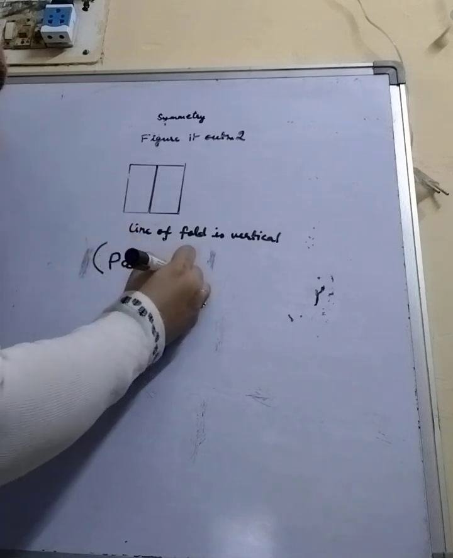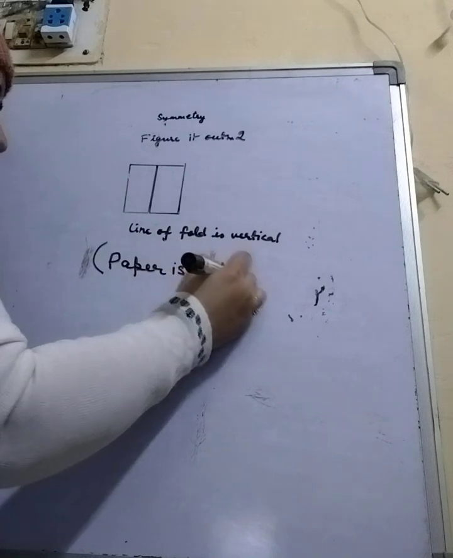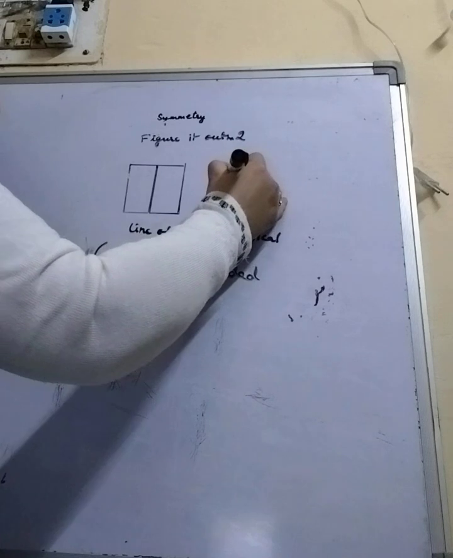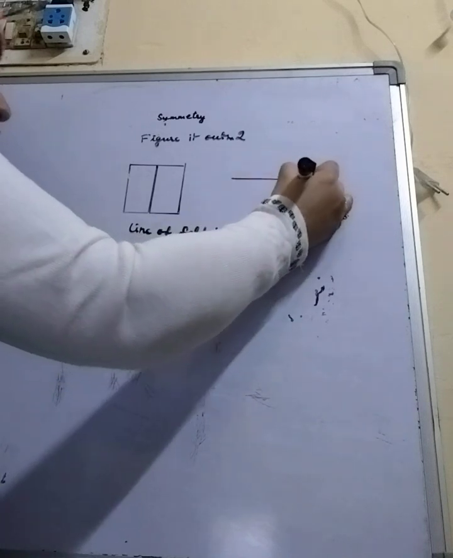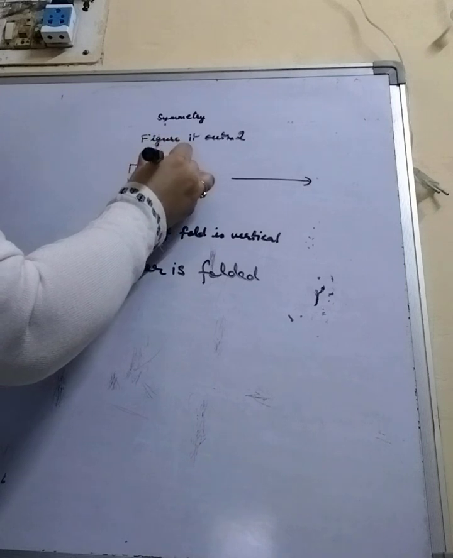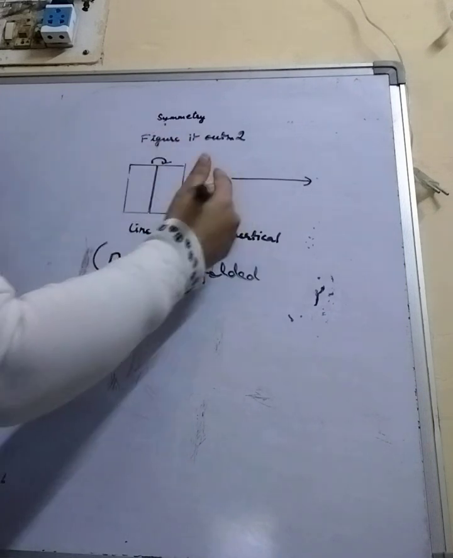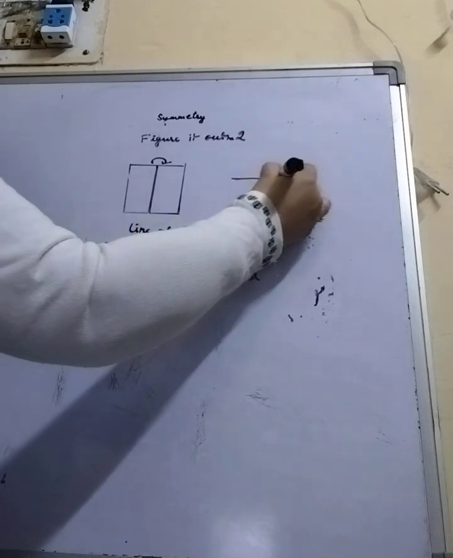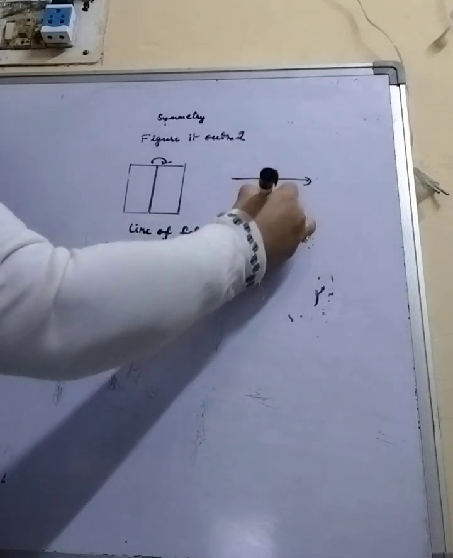However, don't get confused. The paper is folded horizontally. Can you see the difference? What is horizontal? Like this. So your paper is folded like this, folded horizontally, and vertical is the standing line. This is the sitting line, and this is the standing line.